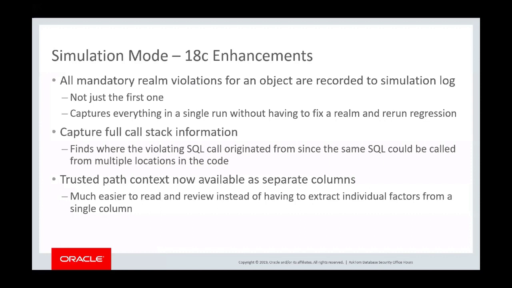It's a jumble of things, and you have to parse it out yourself. So what we did is we took the most common things that people generally create trusted path context on, things like IP and client name, and put them in columns in the table. So you don't have to parse the string, and it's easier to read.